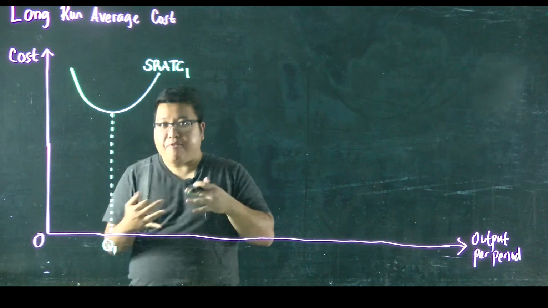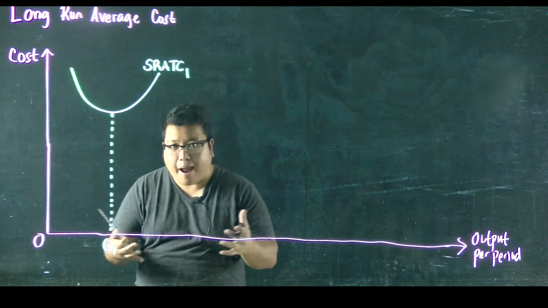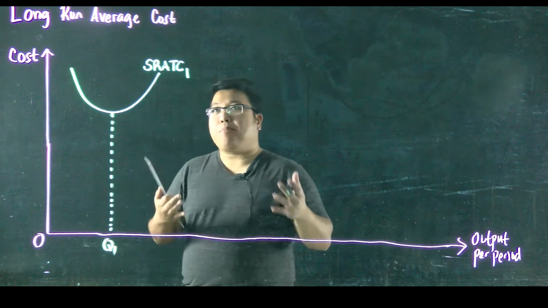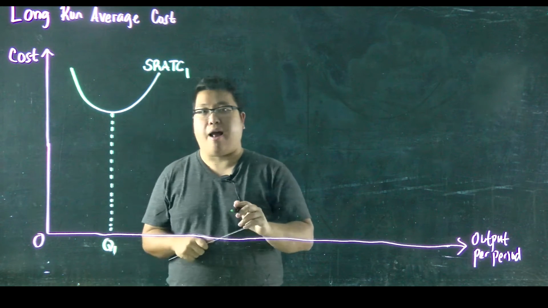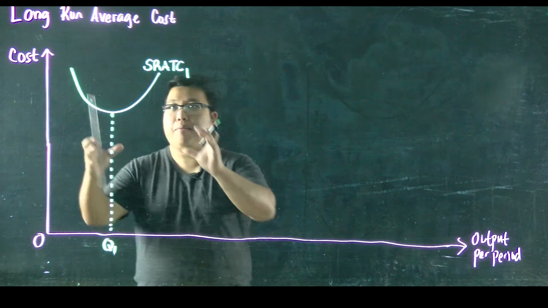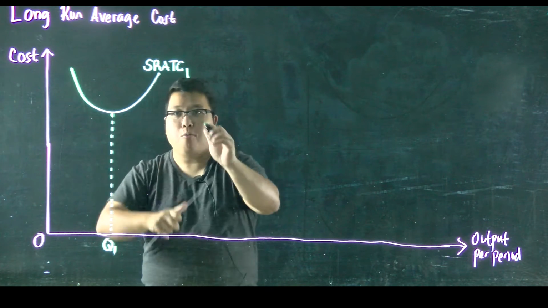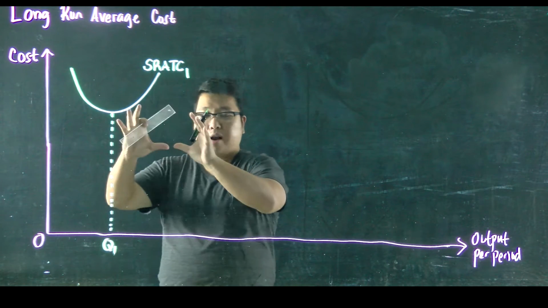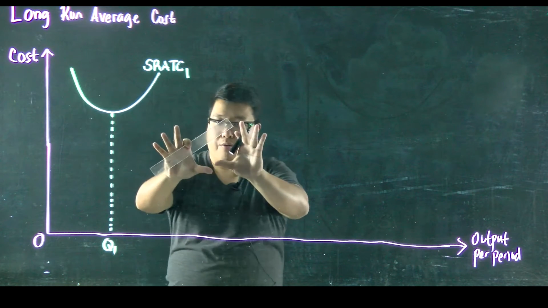Now, if I'm a firm and I want to expand production, then I can expand my plant size. If I expand my plant size, then I will have a new short-run average total cost curve. It can go this way or it can go this way. Let's assume that this short-run average total cost curve will shift from here to here.